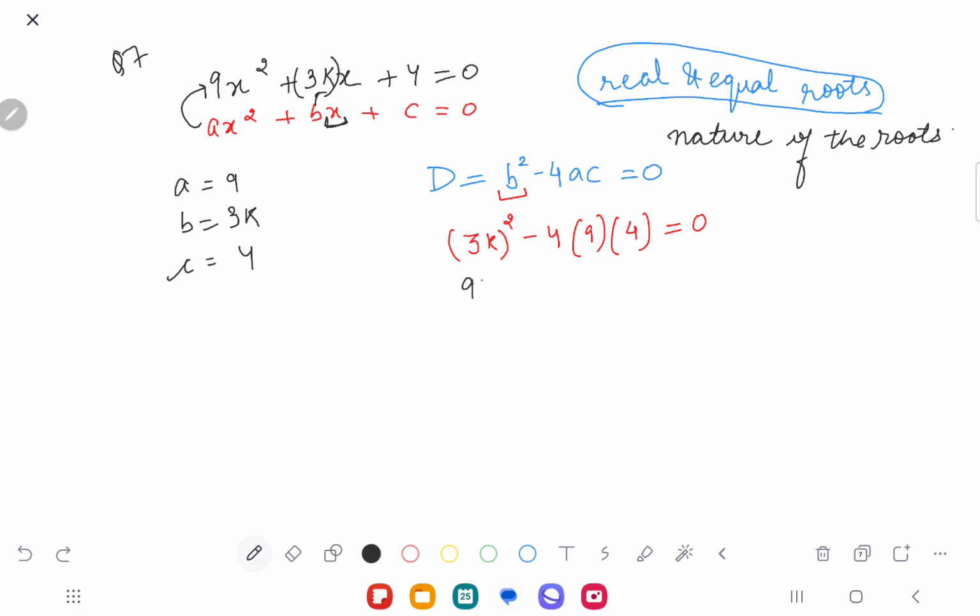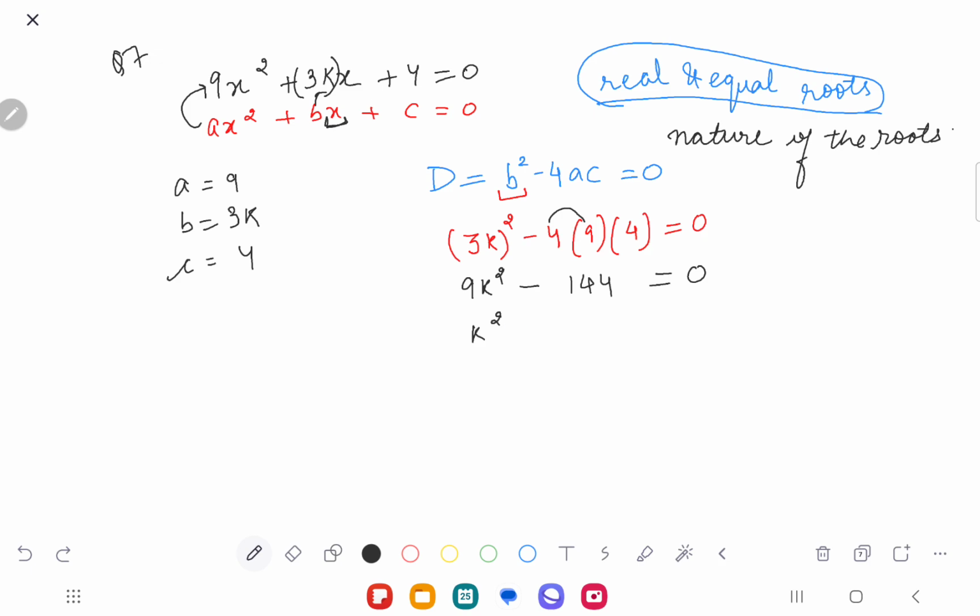So it is going to be 9k square minus 4 times 9, 36, and 36 times 4 would be what? 144. Isn't it? 36 times 4 shall be 144. That should be 0.